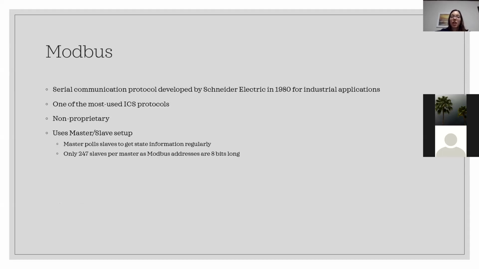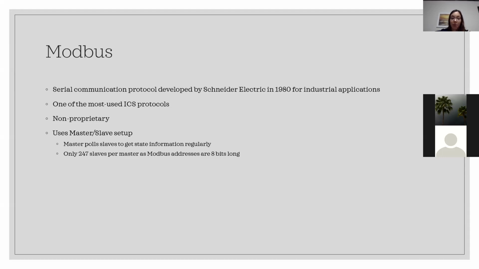So one of the most common and most used ICS protocols is Modbus. That's because it's been around for a while, it's easy to use, and it's non-proprietary. Those are the reasons why it's one of the most used. The Modbus RTU version is a serial communication protocol, and it was developed in the 1980s.